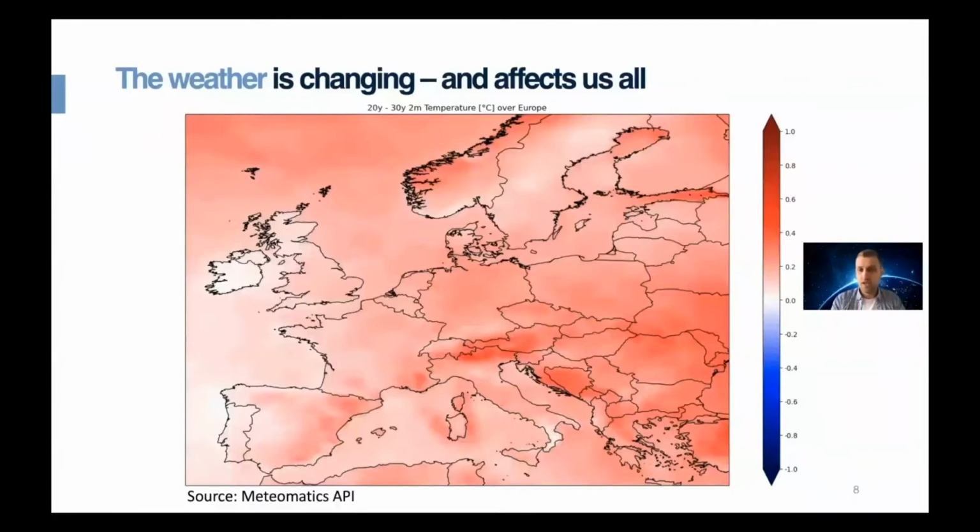Red colors indicate a warming, blue colors indicate a cool down. And what we see here is that over huge parts of Europe the temperature has risen by about 0.5 degree, which is quite remarkable.